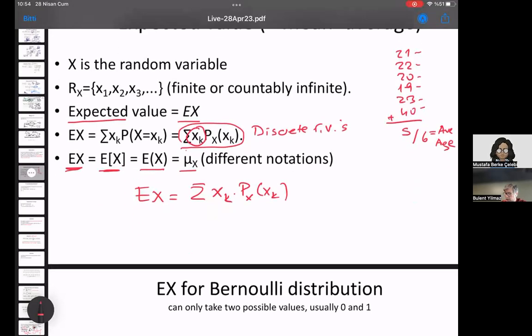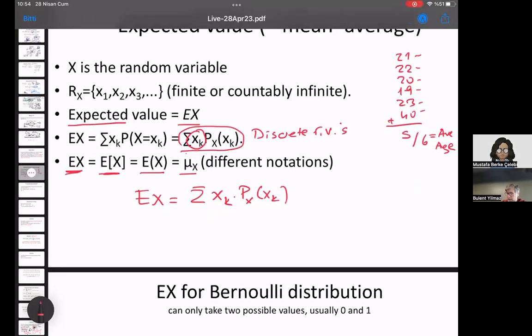For example, arkadaşlar, if I roll a die, what is the expected value for rolling a die? I'm going to find it out like this. What are the possible options? 1, 2, 3, 4, 5, 6. What is the probability of obtaining 1? 1 over 6.